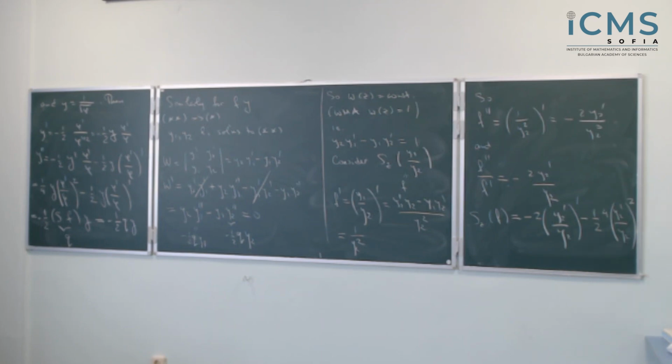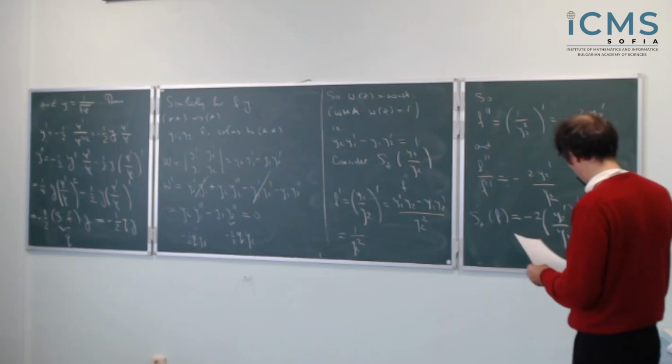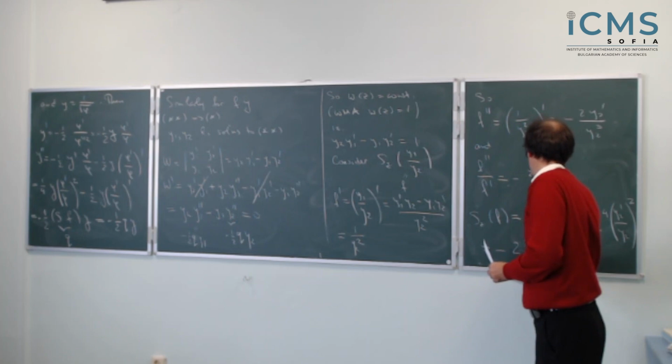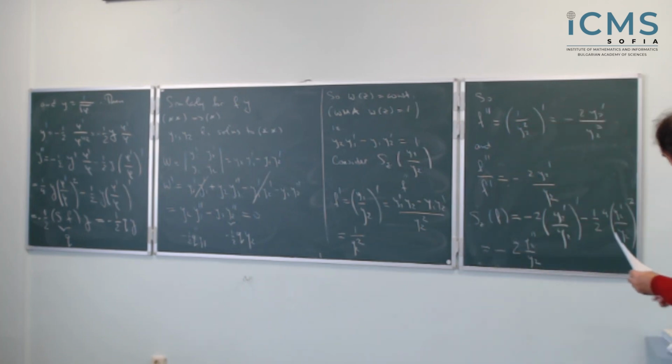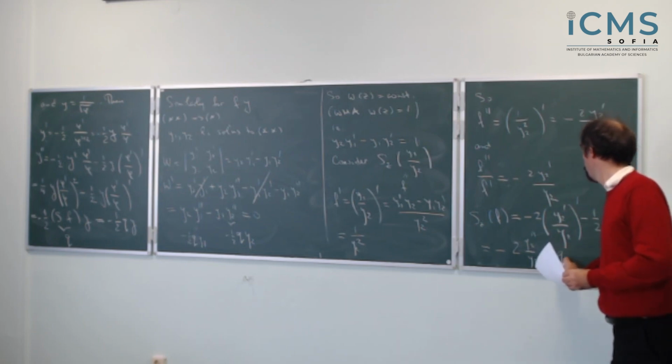Just checking my one halves are in place. Right. So when you simplify this, you're getting minus 2 y2 double prime over y2.